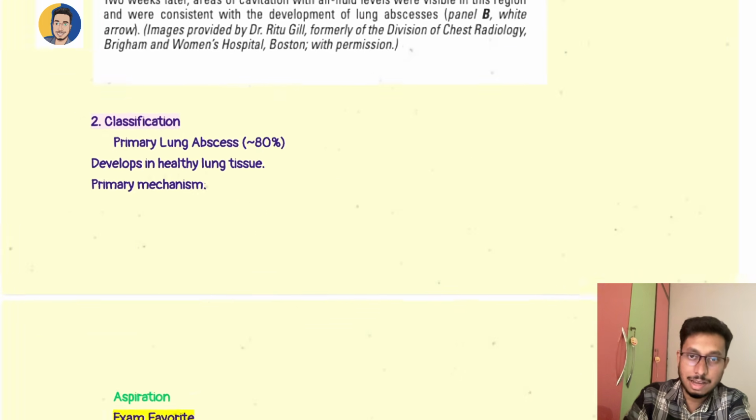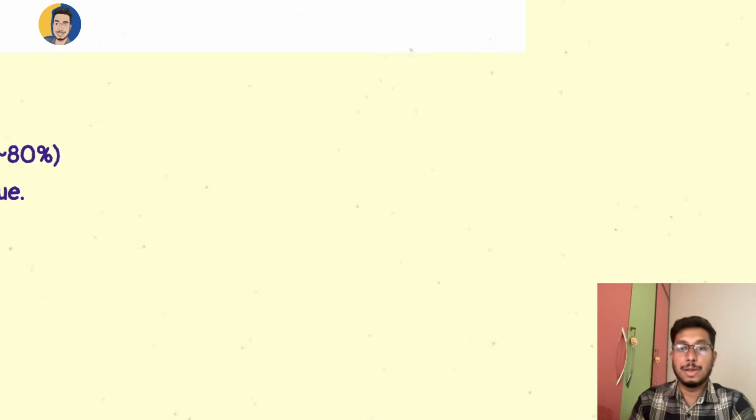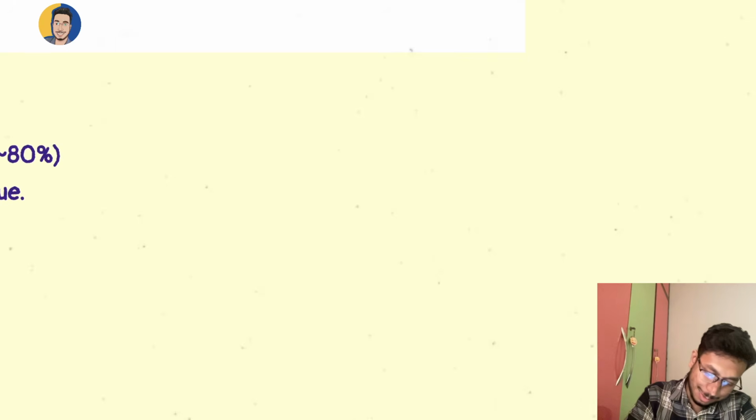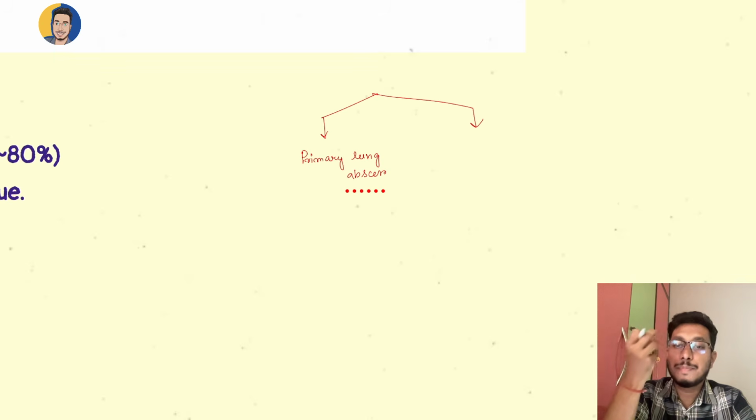Now this lung abscess is classified into 2 types, mainly based on the pathogenesis. If the patient himself or herself is the root cause of the disease, it is considered a primary lung abscess. For example, the patient aspirated food content or oral content, and it gets accumulated in the lung tissue.